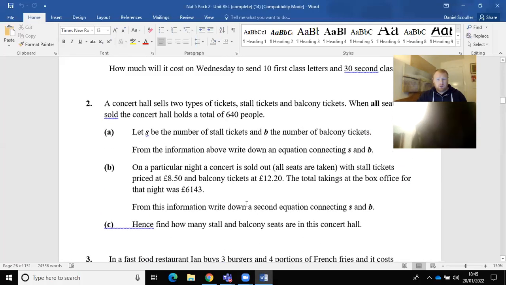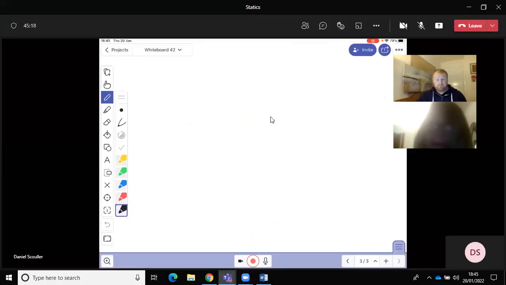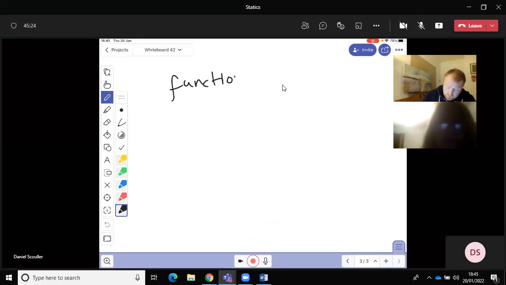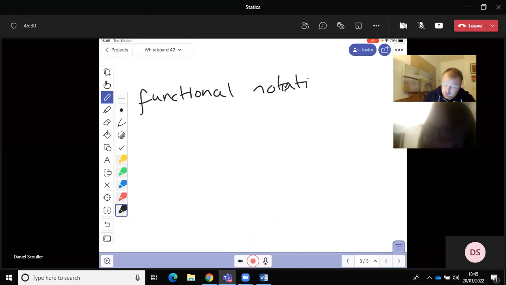Notation. And notation just means writing a function out in a slightly different way. This is usually a wee one, usually like maybe a 2 marker.